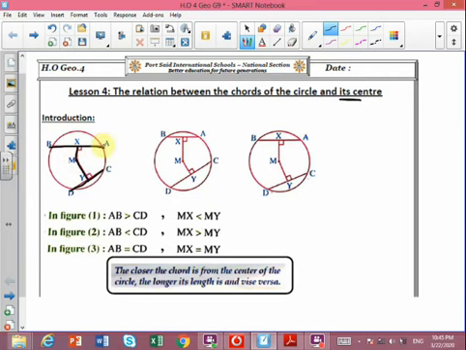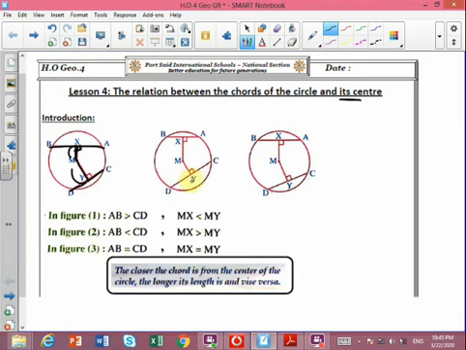This means that if AB is greater than CD, then MX, the distance, and when I say the distance, the perpendicular distance, not any distance, the distance between the center and this greater chord is shorter than the center and the shortest chord. So if AB is greater than CD, then MX is smaller than MY.